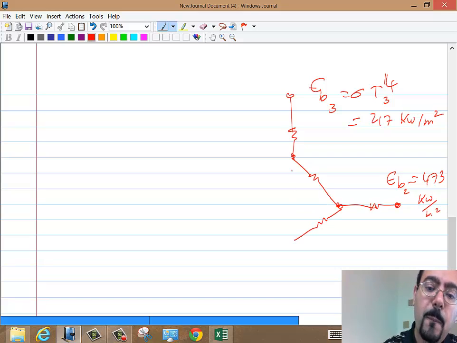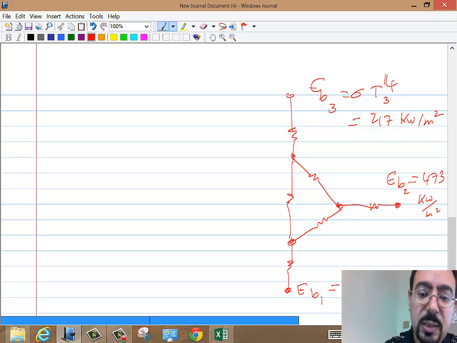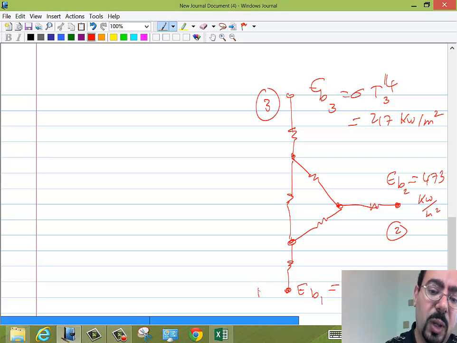And then this is EB1 and it is 7.3 kilowatt per meter square. So now you look at the numbers, 7, 400, 200, so it's obvious that 2 is really driving 3 and 1, right?